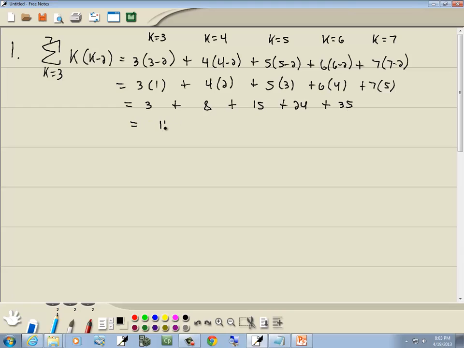Let's see, that gives us 11 plus 39 plus 35. That's 50, 85. Assuming I added correctly, your answer is 85 for that problem.